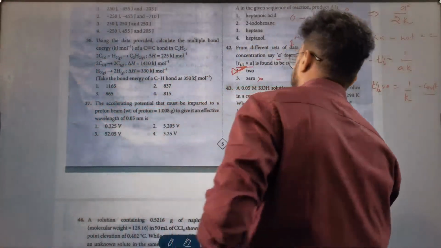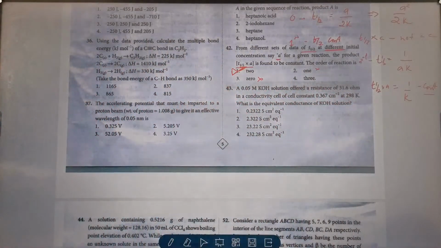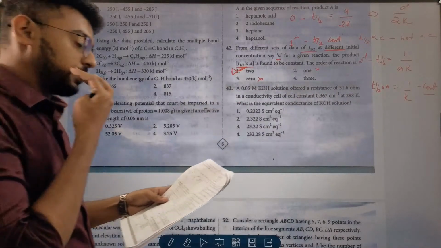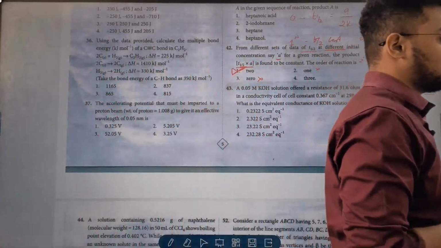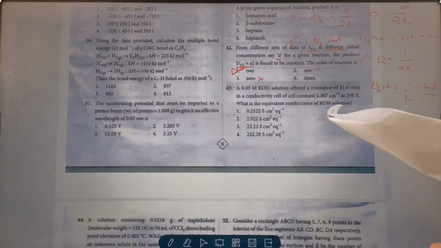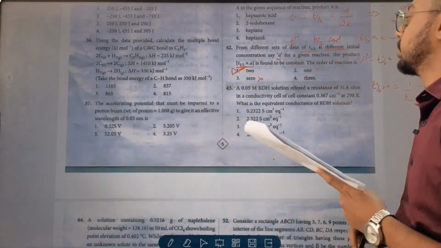So we'll move on to the next question, the 43rd question. It is a question from electrochemistry. The previous one was from kinetics, this is from electrochemistry.